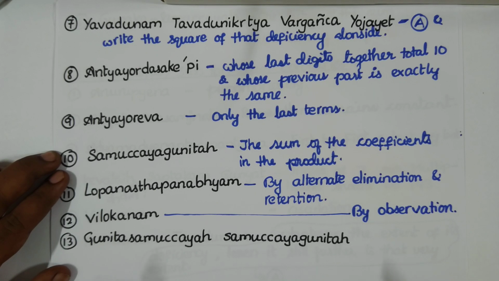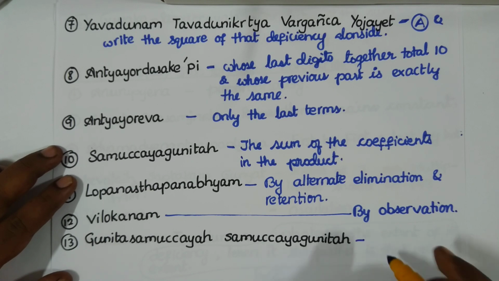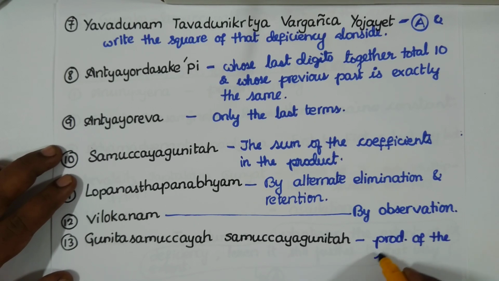Gunita Samuchaya Gunitaha. This is as follows. Product of the sum is equal to product, okay, you can extend this way. Product of the sum of the coefficients, we can extend this further.